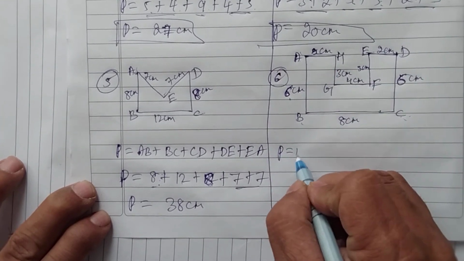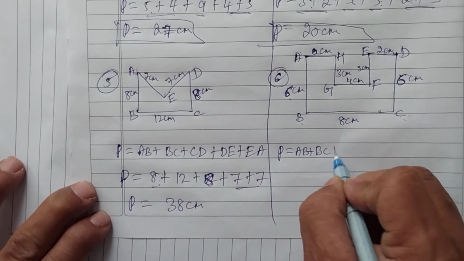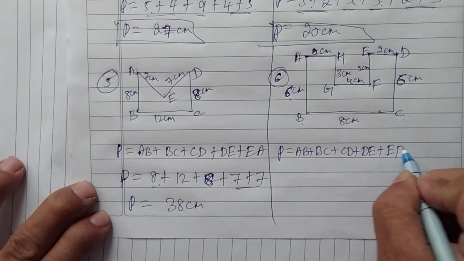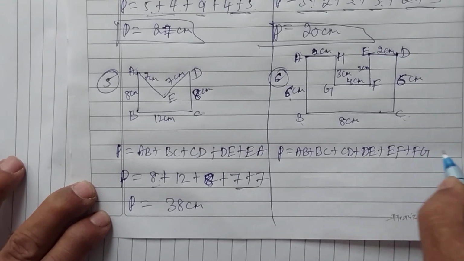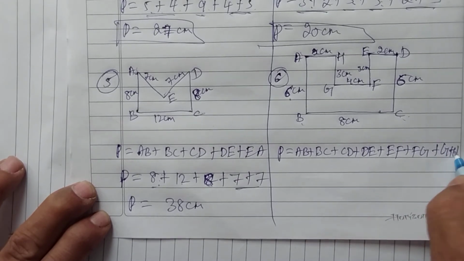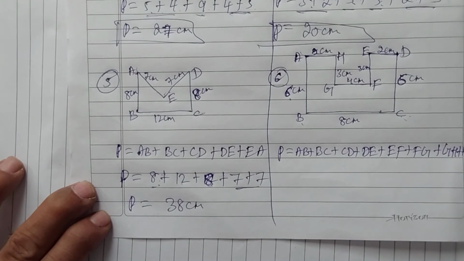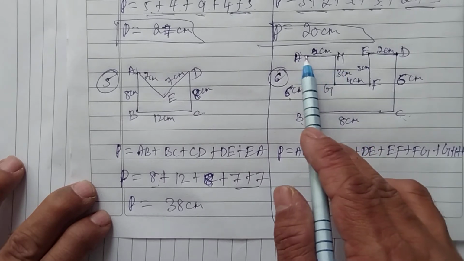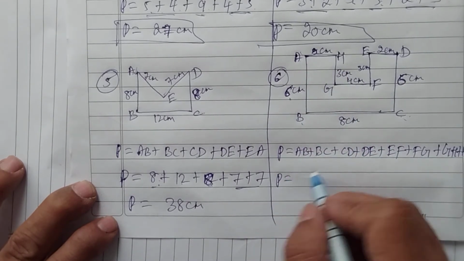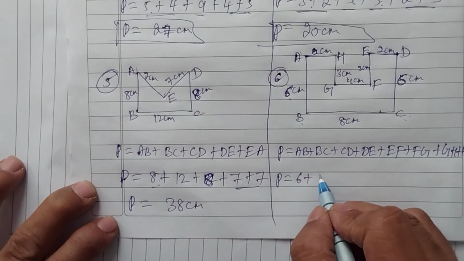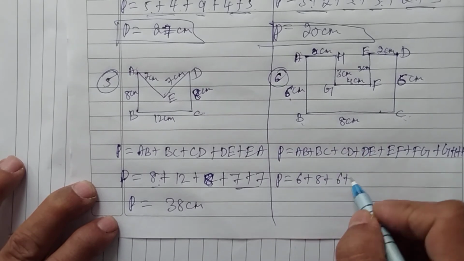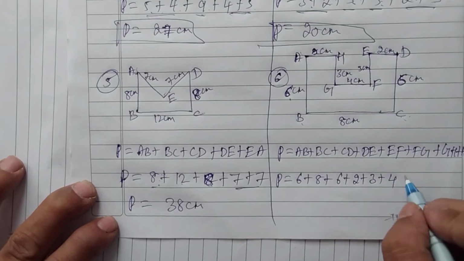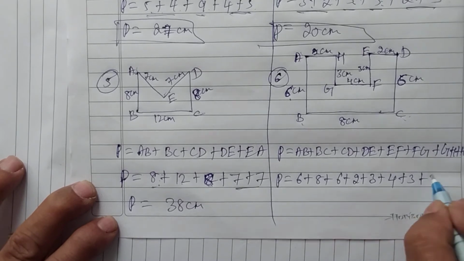Now perimeter is equal to AB plus BC plus CD plus DE plus EF plus FG plus GH plus AH. AB is 6 centimeter plus BC is 8, CD is 6 centimeter, DE is 2 centimeter, EF is 3 centimeter and 4 centimeter plus 3 centimeter plus 2 centimeter.